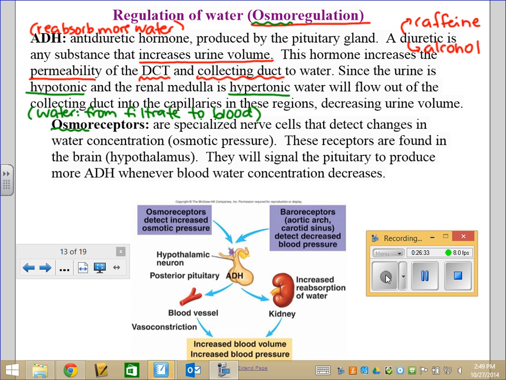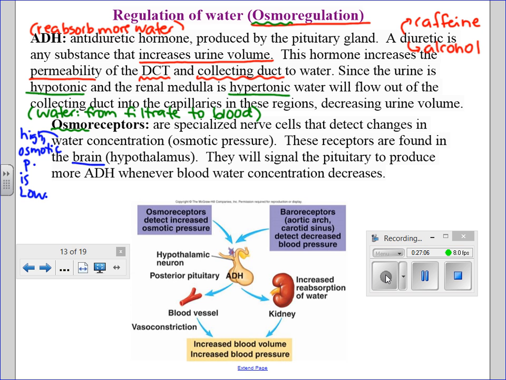So that you know how we would define this, if water concentration is high, osmotic pressure is low. If there's lots of water, there's not a lot of pressure for osmosis to happen. If water concentration is low, then osmotic pressure is high. That means there's a lot of pressure on your body to accomplish osmosis and get some water.